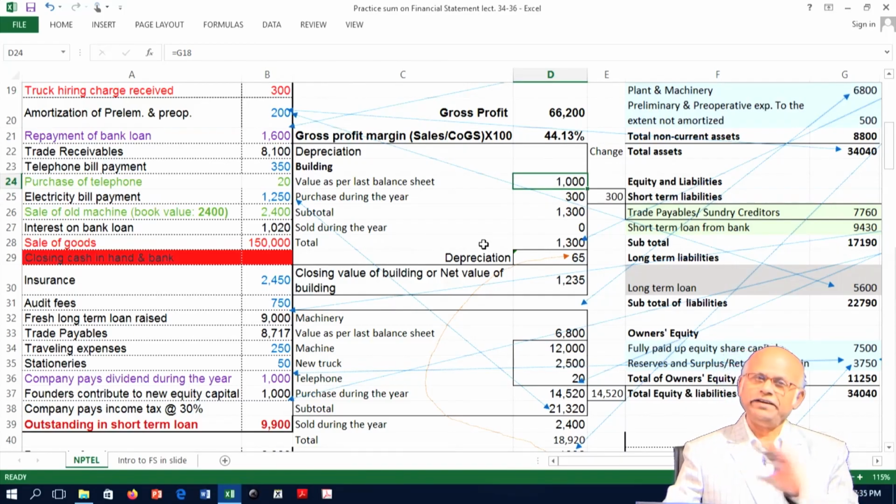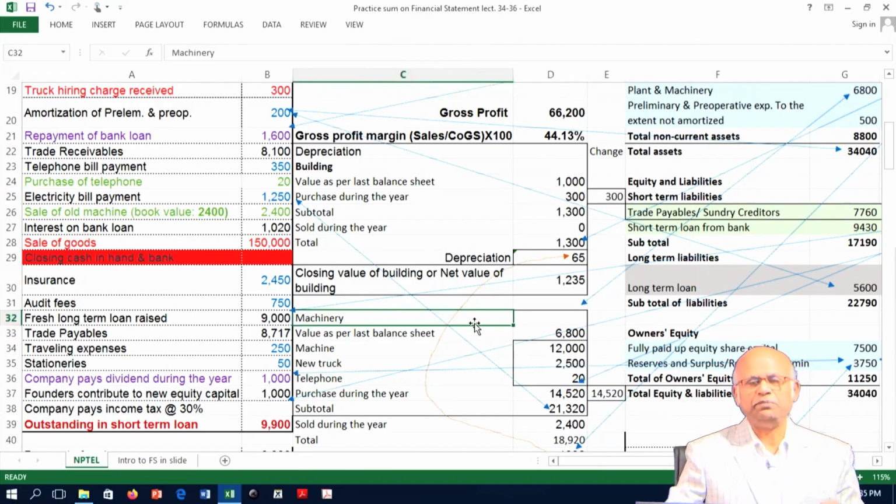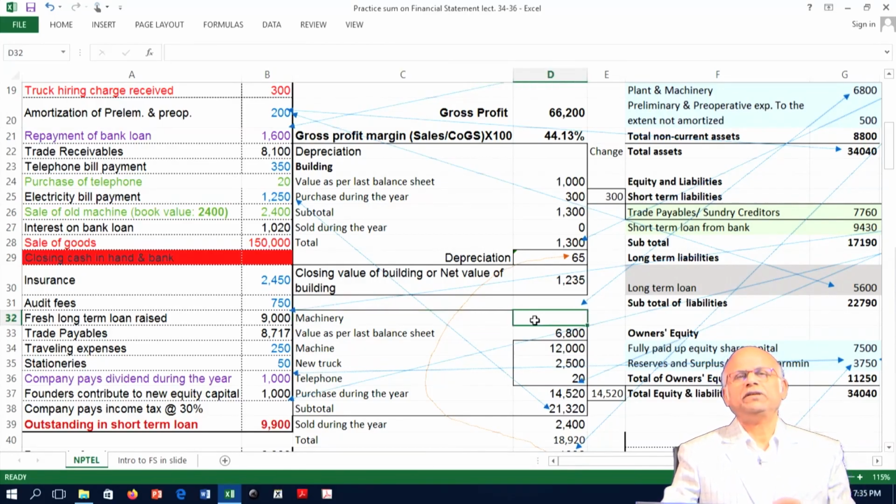Depreciation rates vary across assets. A computer is normally depreciated at 33.33%, meaning computers are depreciated in 3 years, whereas for machines, on a ballpark, we use 10% depreciation. Because we are taking a very simplistic example, we will not go into the complexity of depreciation.